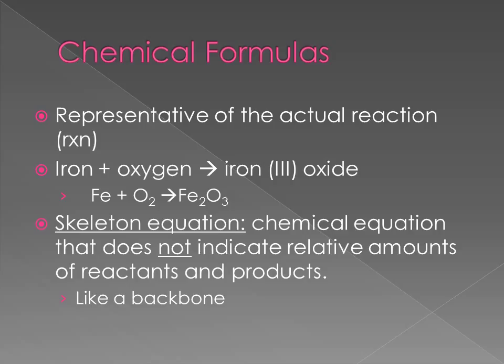Those little subscripts, those 2s and 3s that you see in our equation we just did, are not considered relative amounts. Those are considered amounts within your compound, but not of your entire compound. Okay, so they do not count as our relative amounts. And we'll talk about how to add or show our relative amounts in an equation in a minute.